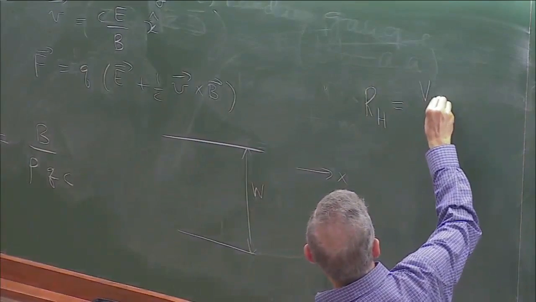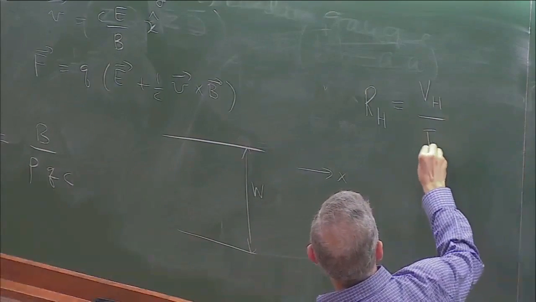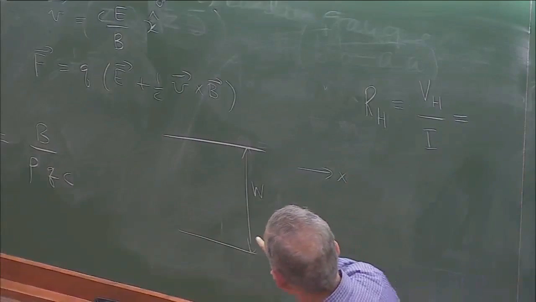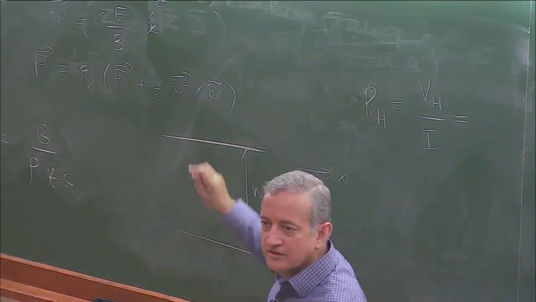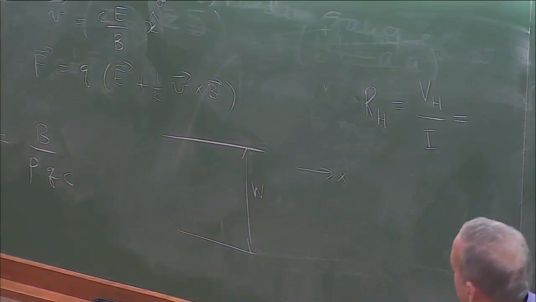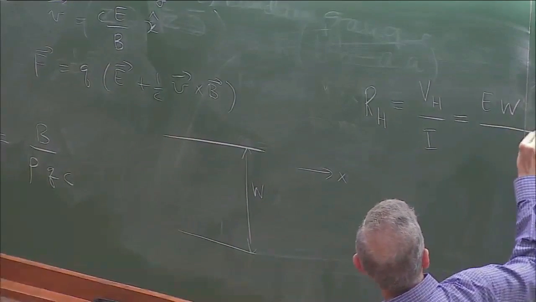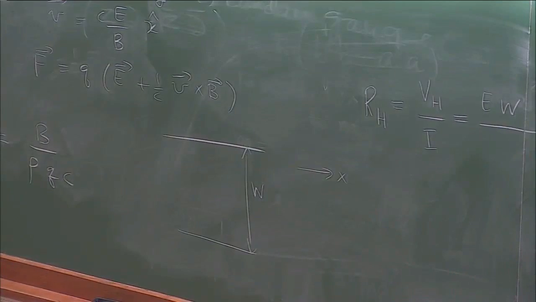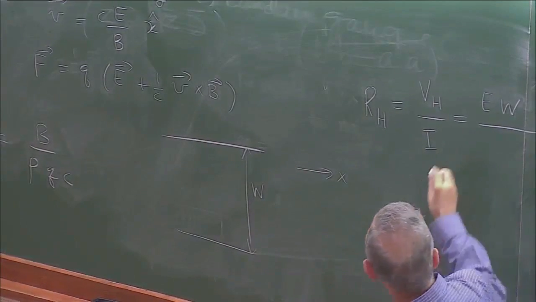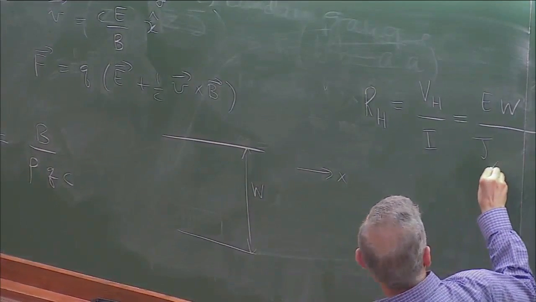So that's Hall voltage divided by current. Hall voltage is given by what? If I know the electric field, it's just electric field times the width. And the current in the x direction is Jx times the width.